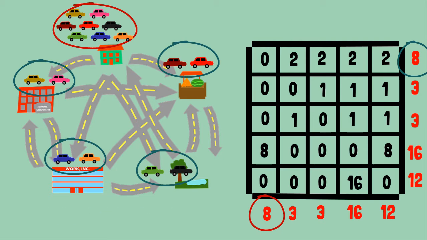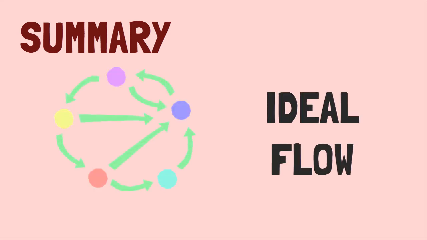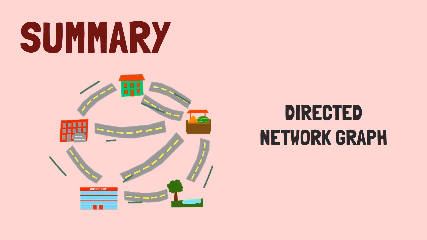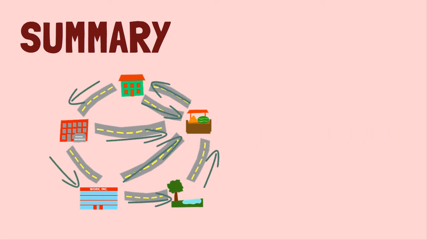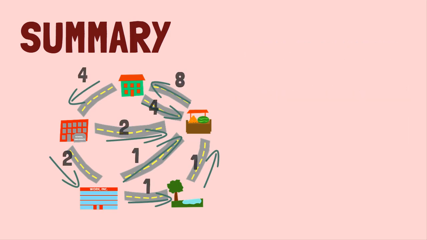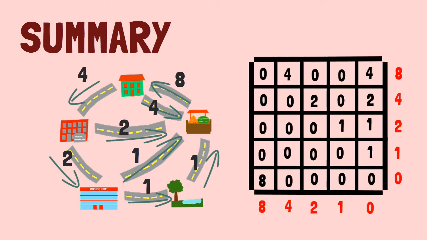In summary, we discussed, through an example of road networks, how a model of ideal flow was created based on a random walk of multi-agents in a directed network graph. We found that the ideal flow matrix depends entirely on network structure, and that this ideal flow will always be a pre-magic matrix, and can be computed through linear algebra.